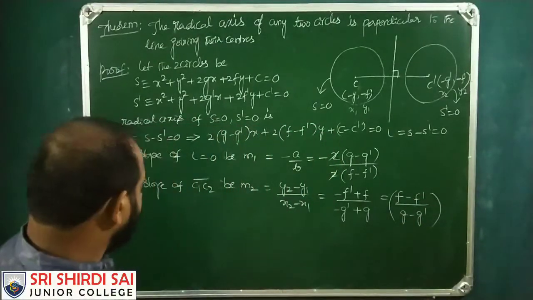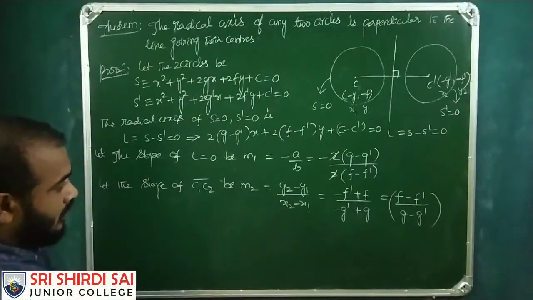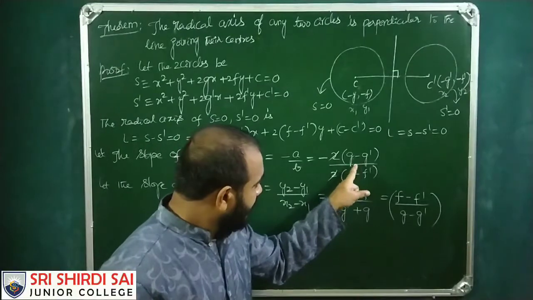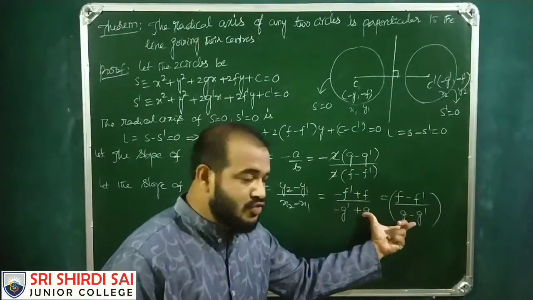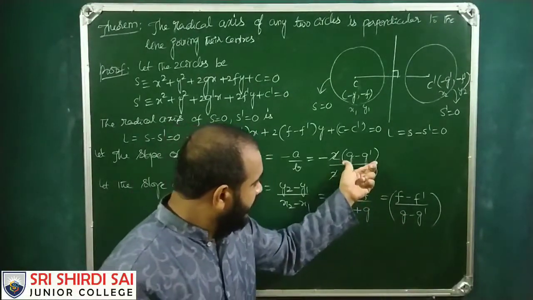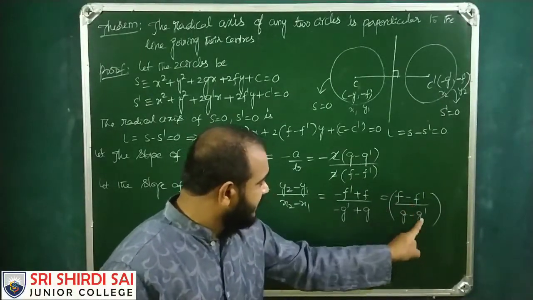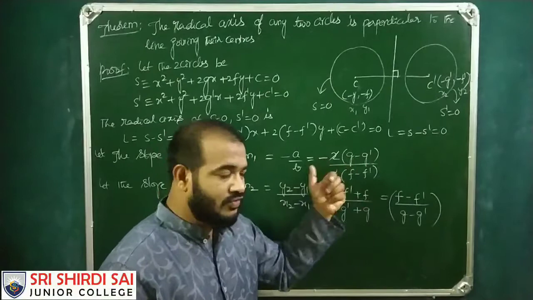Now we can observe that m1 into m2 is equals to minus 1. See, (g minus g dash) into (f minus f dash): this and this get cancelled, this and this get cancelled. We are left with minus 1.